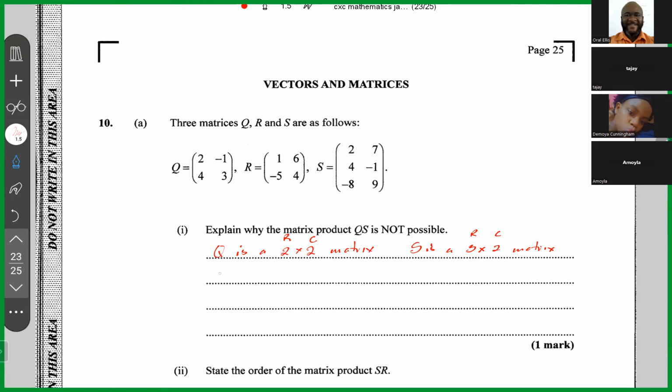Now, QS is not possible because QS is not compatible for matrix multiplication.